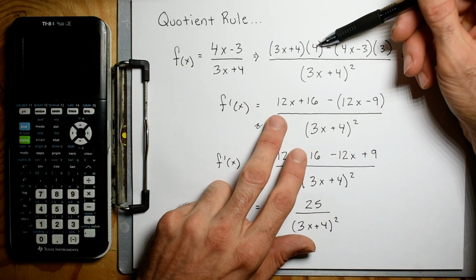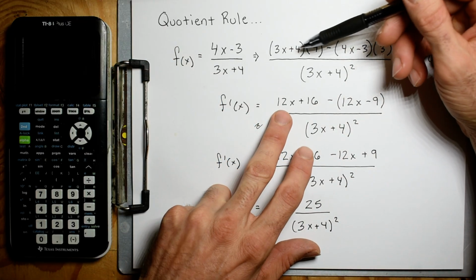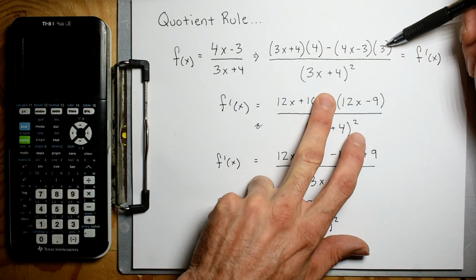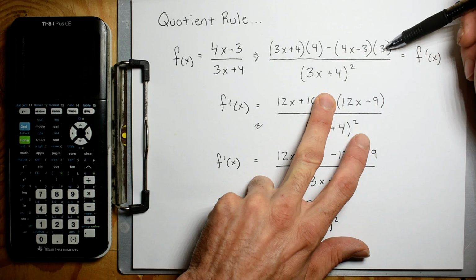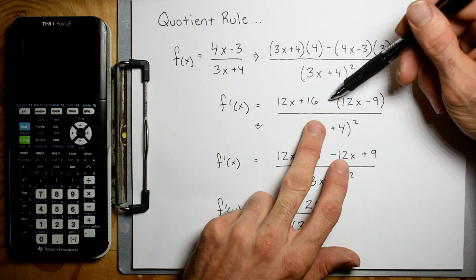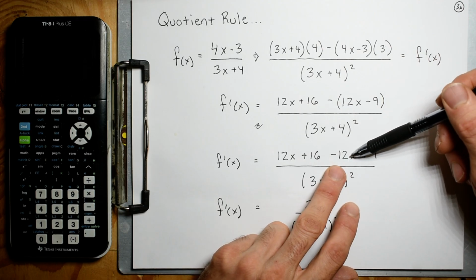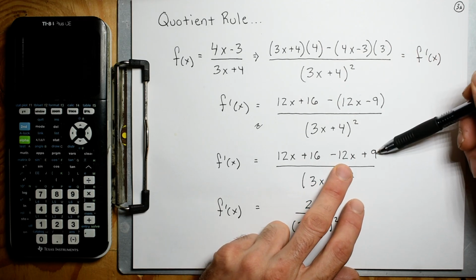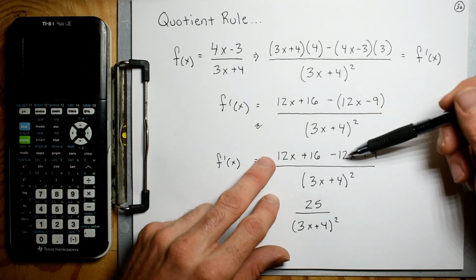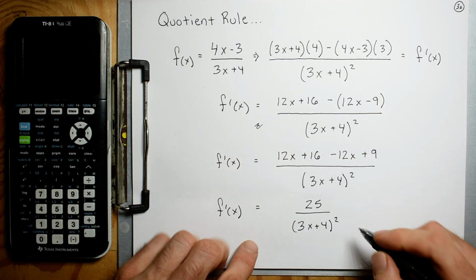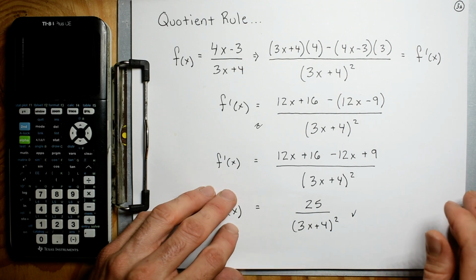We're going to FOIL this through. So we have 12x plus 16. This is going to be subtract. We're going to do this first. We have 12x minus 9. And then we're going to FOIL this negative: minus 12x plus 9. Now the 12x's cancel. 16 and 9 becomes 25. So I think that looked pretty good.